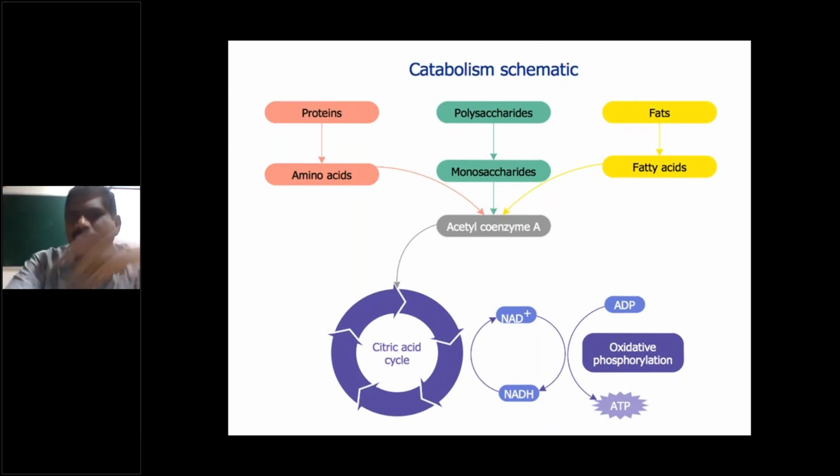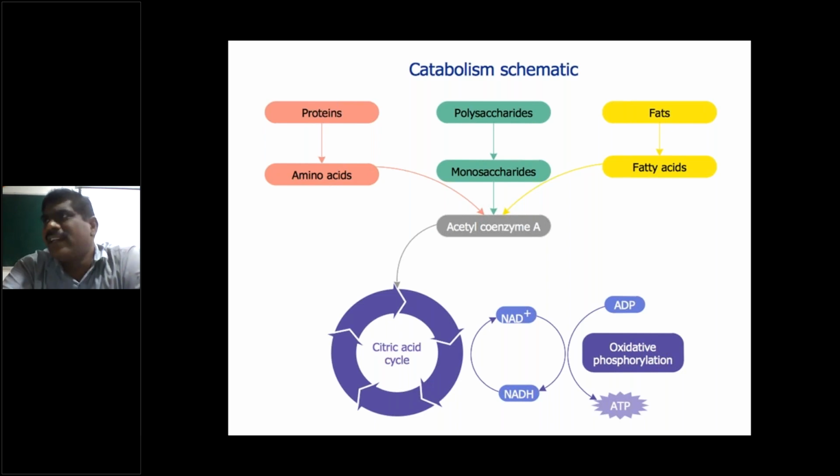Now in this catabolic schematic representation, you are going to see how energy is liberated. What are the basic mechanisms involved? As all of you know, our diet contains proteins, polysaccharides, and fat.